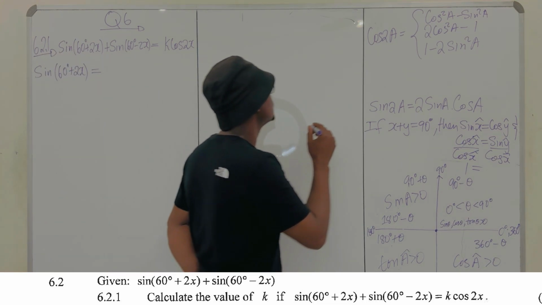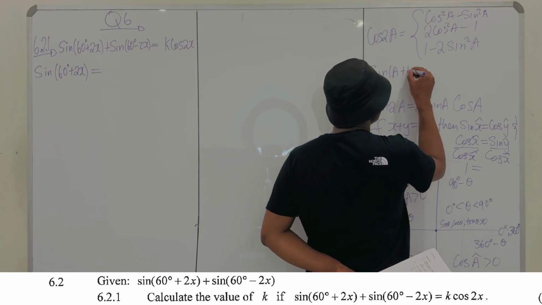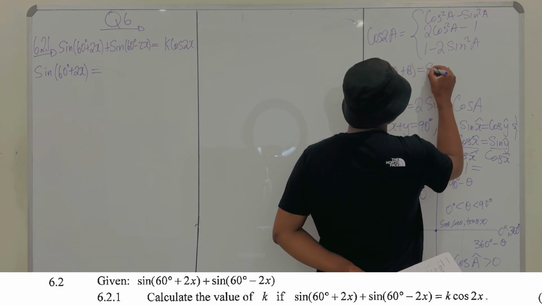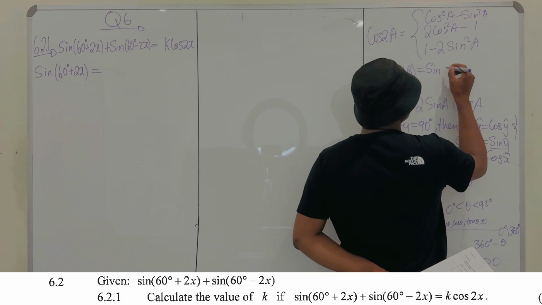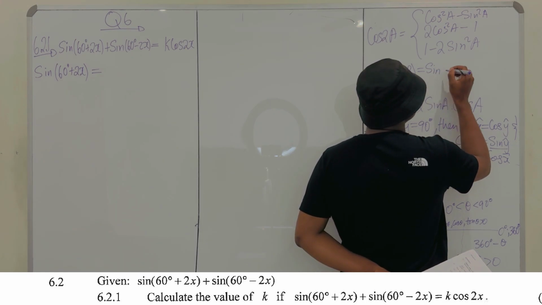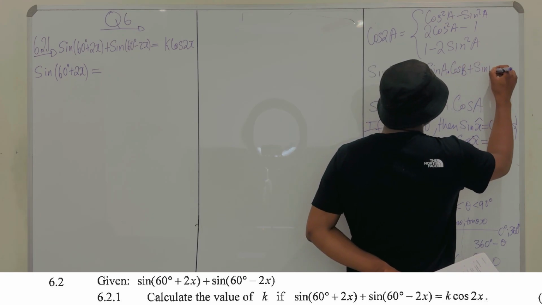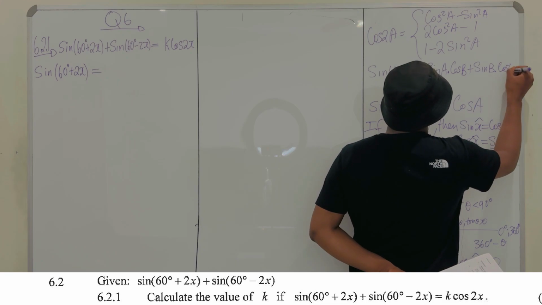You know that if you have sine of a plus b, it's going to be sine a cos b plus sine b cos a.